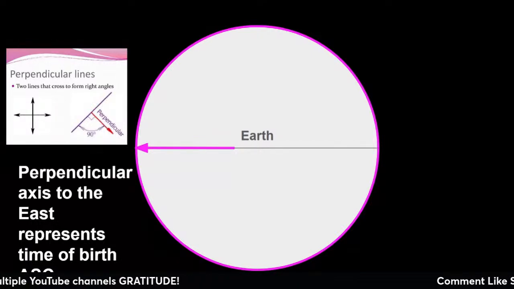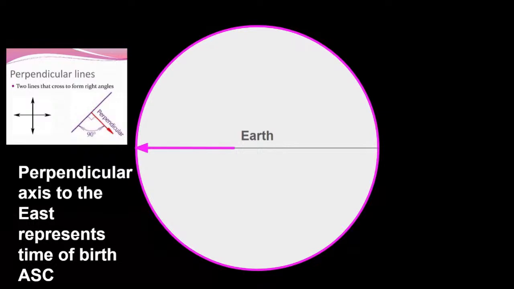And in all this conversation so far, we need a circle and a line in the middle. On your paper, a circle and a line across the middle that represents the horizon. And now we know that this perpendicular line, when you have your chart, represents the ascendant.